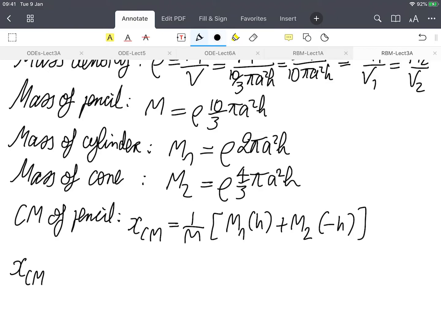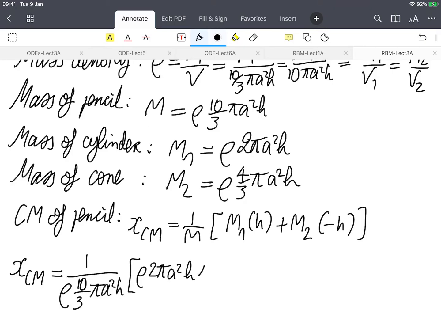So now it's just boring maths. 1/M, so rho 10/3 pi a squared h, times M1, rho 2 pi a squared h times h, plus M2, rho 4/3 pi a squared h times minus h.